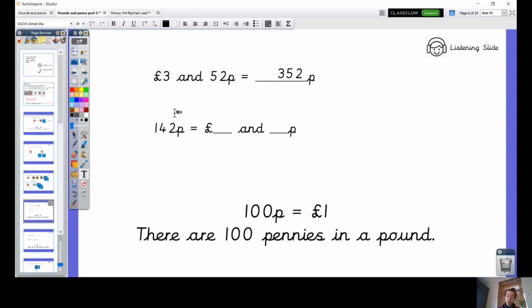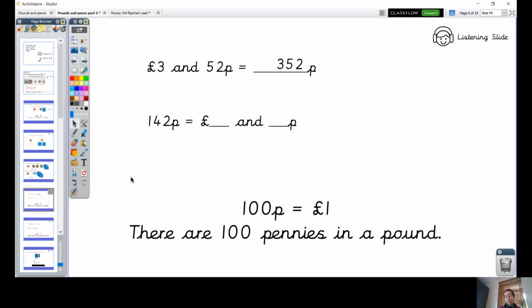And in this question, we've got the reverse. So we've got the pence this time, the total pence, and we want to find how many pounds and pence that is, because we know that there are 100 pennies in a pound. Can you see how this stem sentence is really going to help us today? So keep chanting it in your head if you need to. Pause the video and do that.